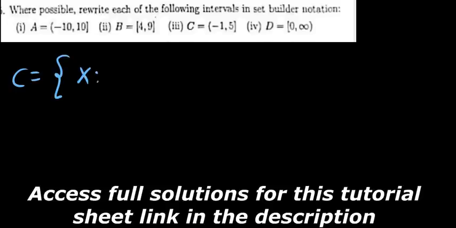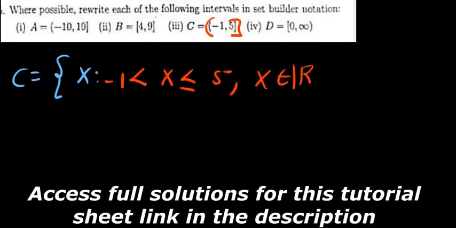Now the first part here is open. You just check here, this is open, so you just write less than, then put x. The next one is closed, so put less than or equal to. Then put the number on the left side here, negative 1, then put 5 here, then comma, x should be a member of all real numbers.